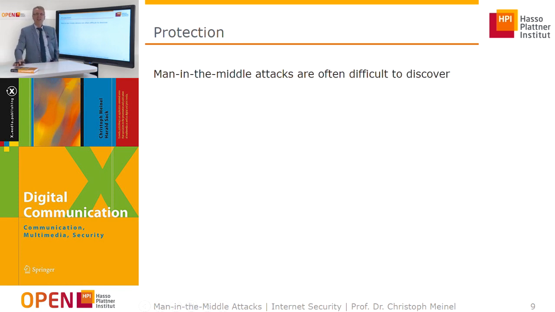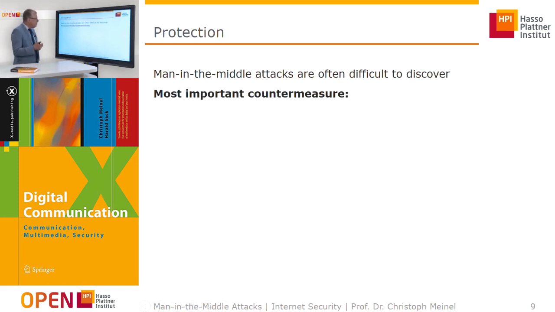So what are protection measures against such man-in-the-middle attacks? The problem is first that it's often difficult to discover such an attack. The most important countermeasure to prevent a man-in-the-middle attack is strong authentication, so that it's really clear who the partner is.